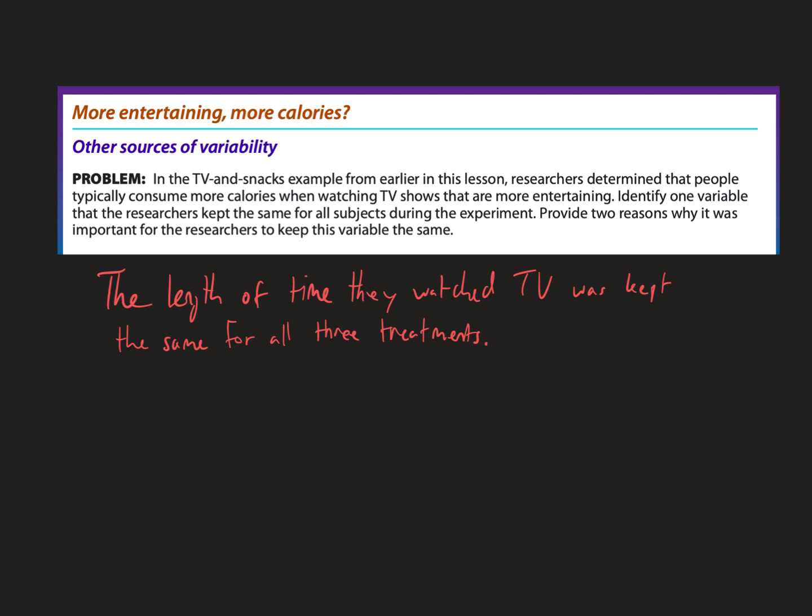Why it was important to do that. So that if they just got to choose how much time they watched, if they sat there for 60 minutes, we expect them to consume more calories. And so is it the length of time that they sat there that determined the calories they consumed, or is it the program they're watching? Right, that's confounding.